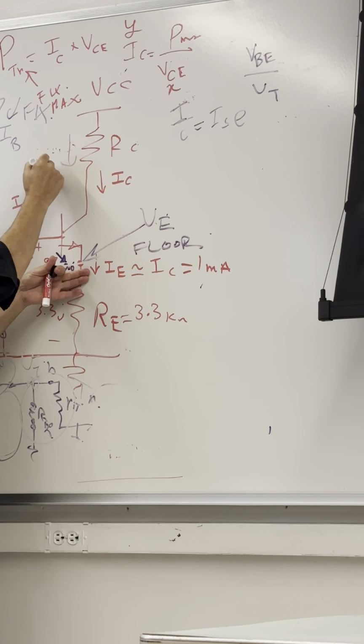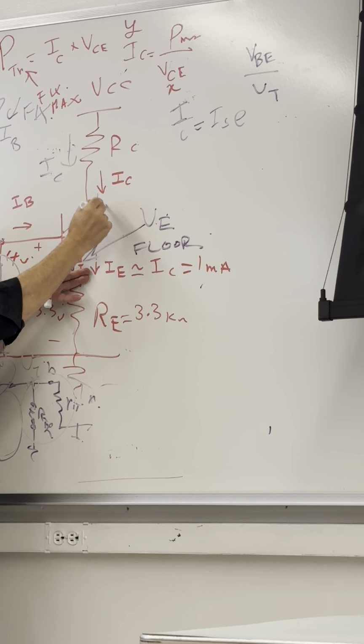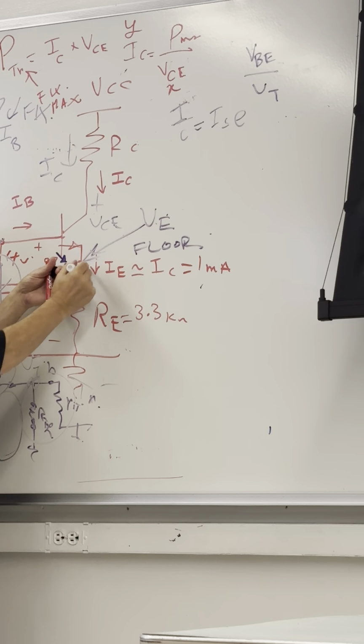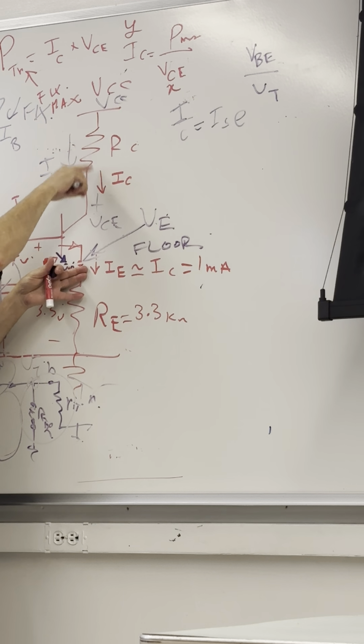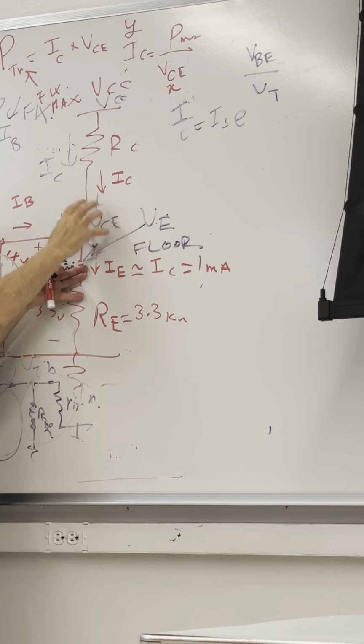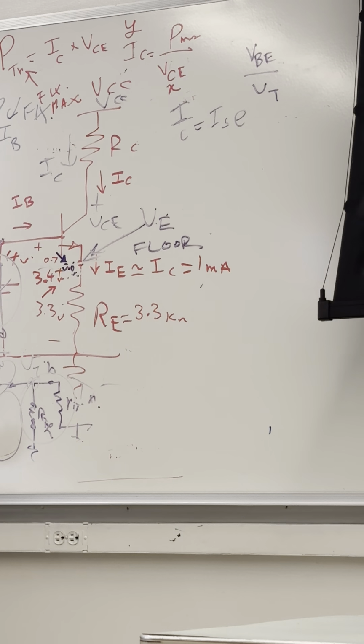So for IC and VCE, with VE as a constant and VCC as a supply, in terms of the DC values of IC, it has a relationship which moves along this red load line here.